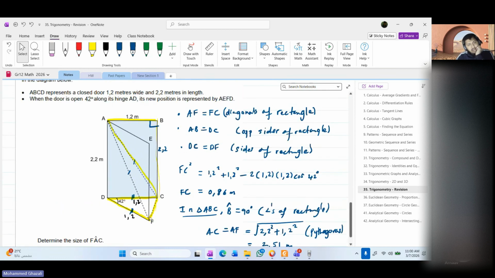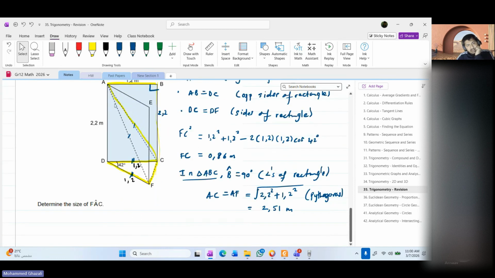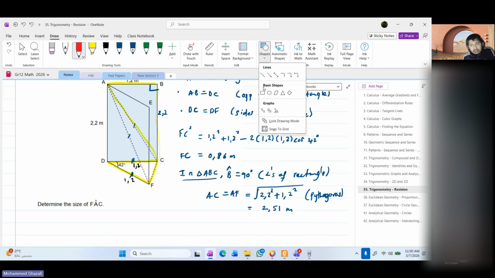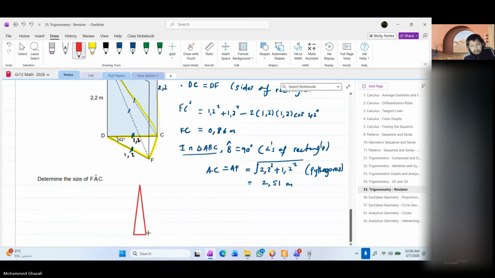Now, in triangle ACF, we got FC. Now we can calculate angle A. And remember what I told you about angle A. So you have a diagram like this now, where these two are equal, right?